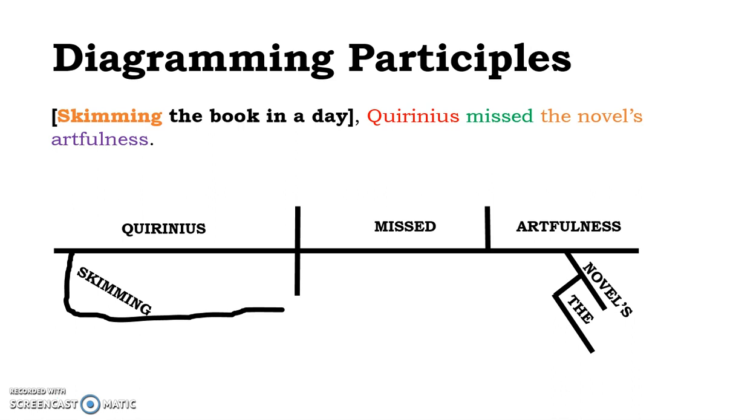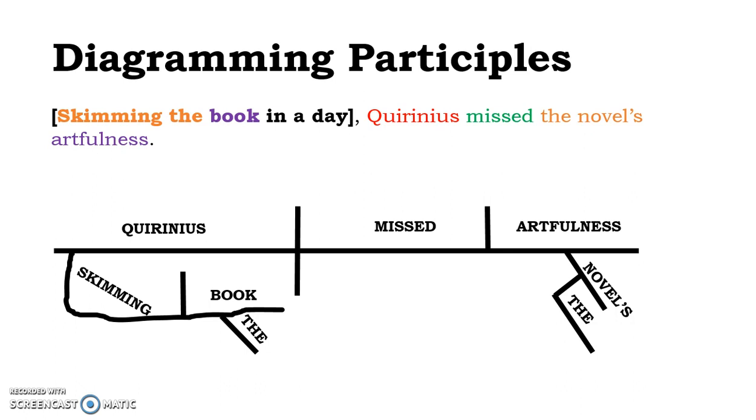Right? That's what when you have an opening participial phrase like this, the thing it's modifying is the first word, or should be the first word in the main clause that comes right after. So skimming. But what am I skimming? The book. Okay, so here's the object of the participial, the direct object.